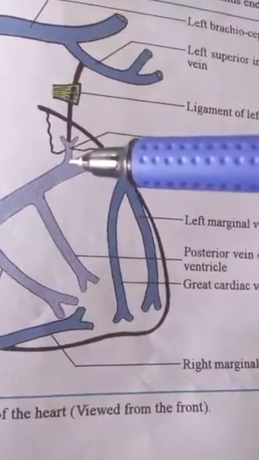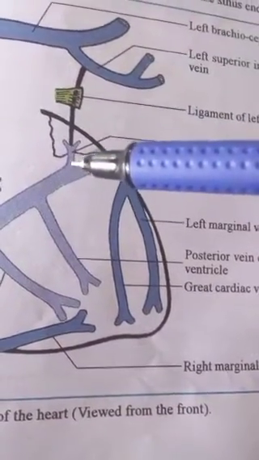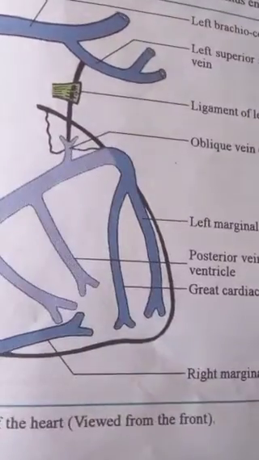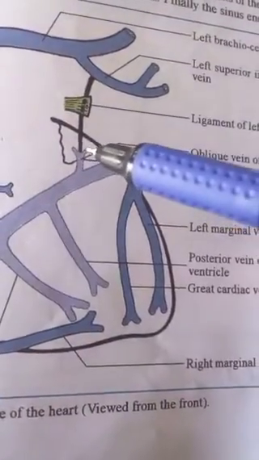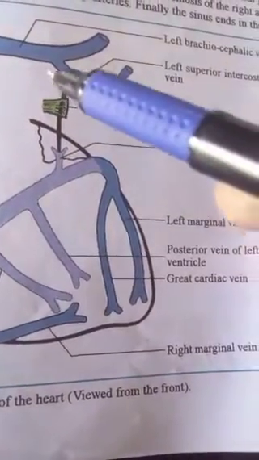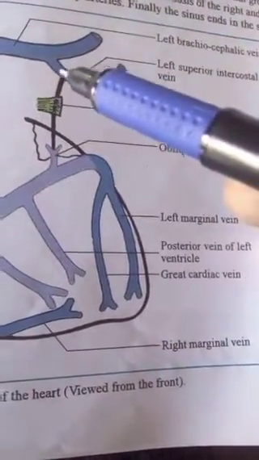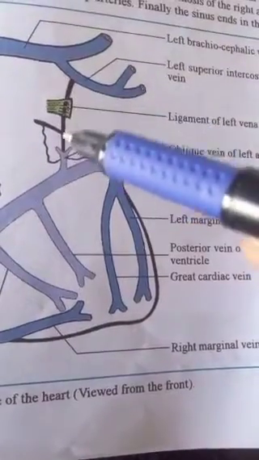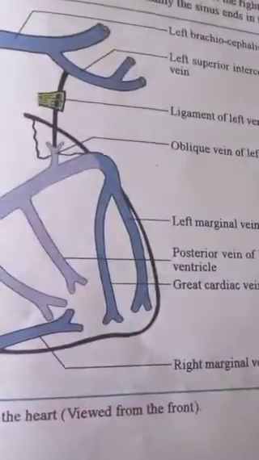It opens into the coronary sinus near its left end. Upper end of this oblique vein is connected with the left superior intercostal vein by a fibrous strand.